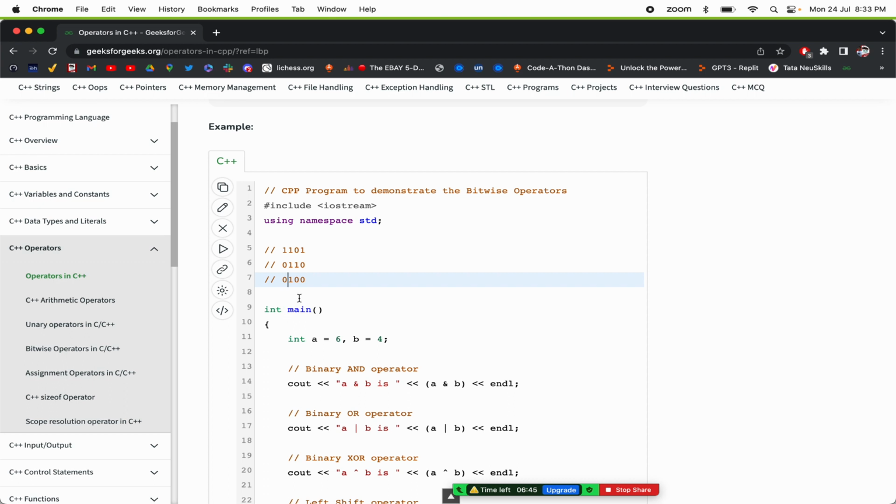If one of the bits is 1, it is going to return 1. So 1 and 0 gives 1, 0 and 1 gives 1, 1 and 1 gives 1, and 1 and 0 gives 1. So if any of the bits or both the bits are 1, then it will return 1 in that place.